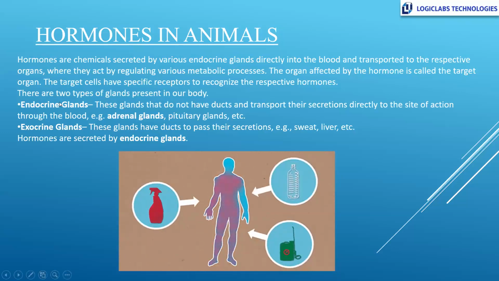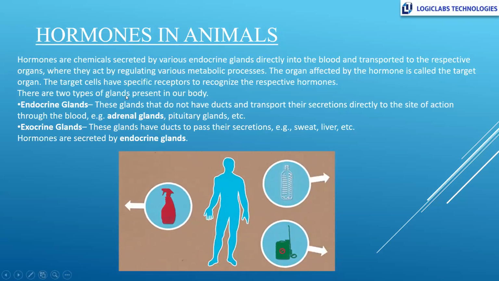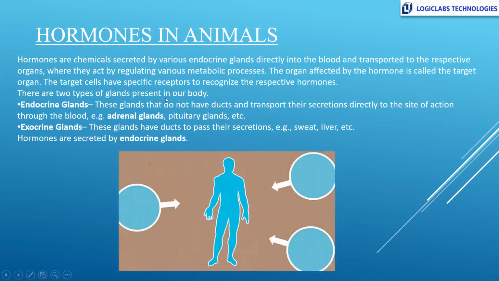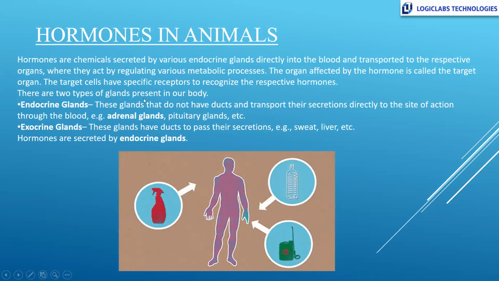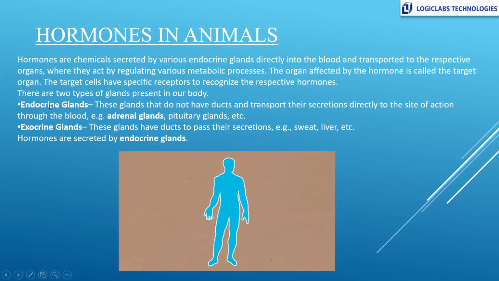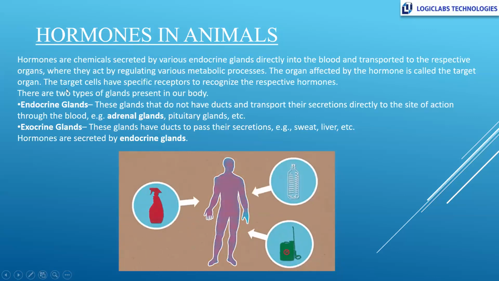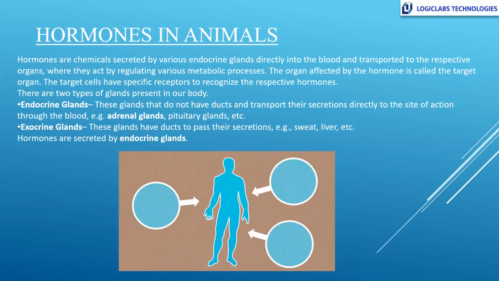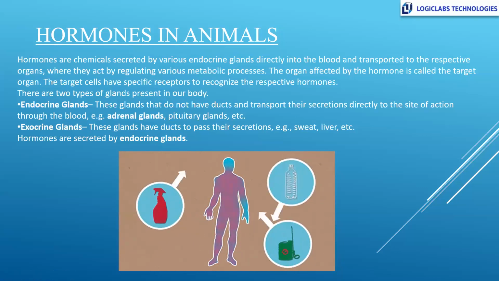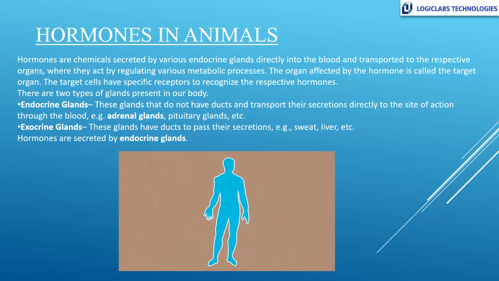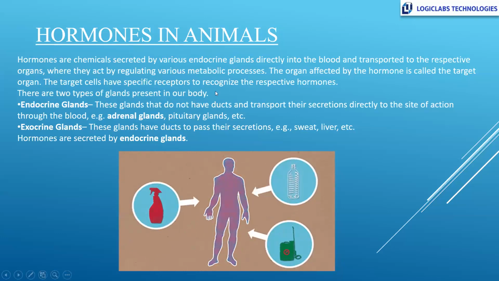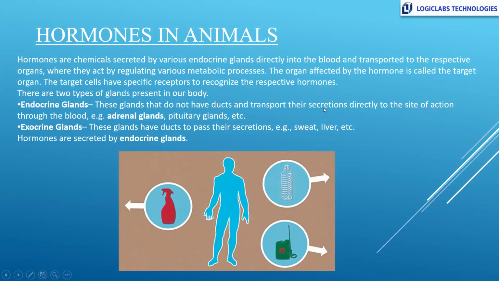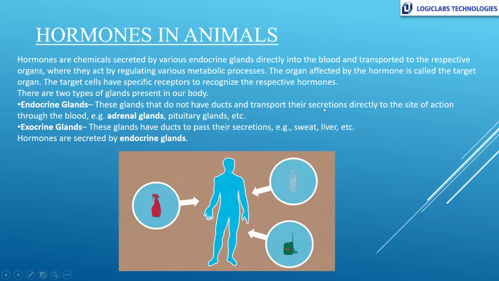As already said, we have two types of glands present in the human body and animals: the endocrine glands as well as the exocrine glands. Much more important, the endocrine glands do not have ducts, and they transport their secretions directly to the site of action through the blood.